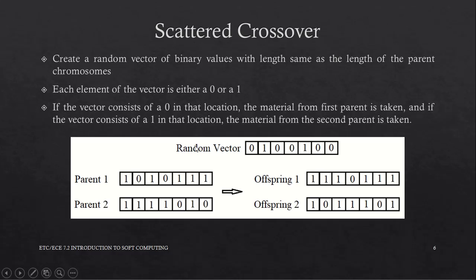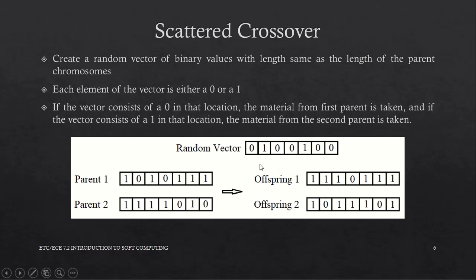To understand this better, let us consider this example. Here we have two parent strings with the binary valued entries. The first parent is 1010111 and the second parent is 11111010. Let the randomly generated vector be 01001000. Then the first offspring will have the first parent entries wherever there is a 0 and second parent's entries wherever there is a 1. Then the second child will be exactly opposite.